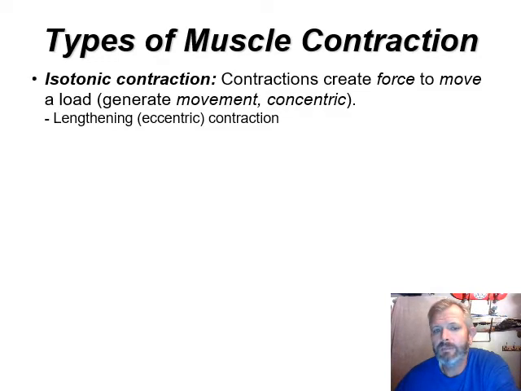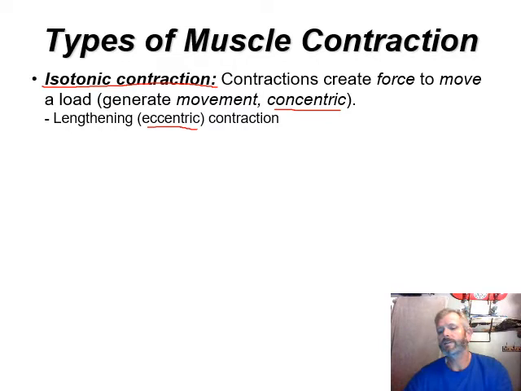And so, types of muscle contractions: there is a type called isotonic contraction. In isotonic, we're going to generate movement. We're going to get a change in the length of the muscle, and we're going to create a force to move a load. There are two types, concentric and eccentric.